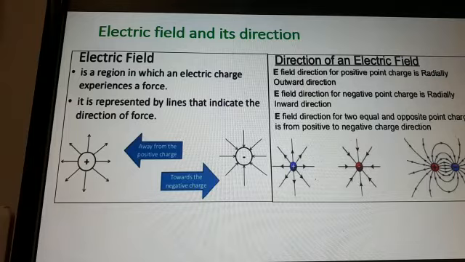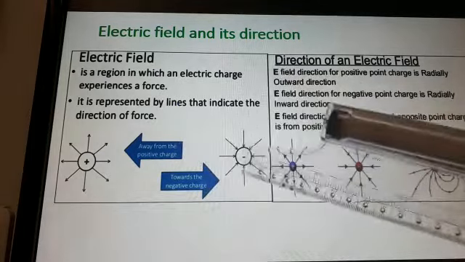In the picture you can see that the electric field line due to an isolated positive charge would radiate outwards uniformly in all directions, and the electric field line due to an isolated negative charge would radiate inwards uniformly in all directions. So the field is away from the positive charge towards the negative charge.